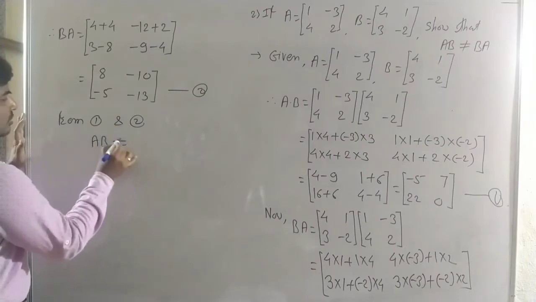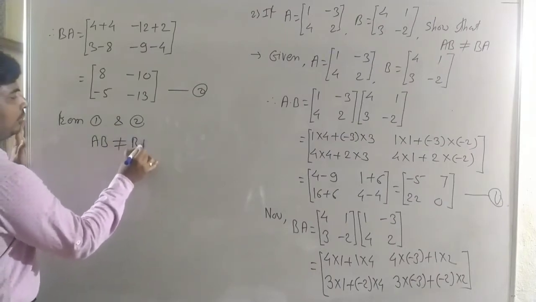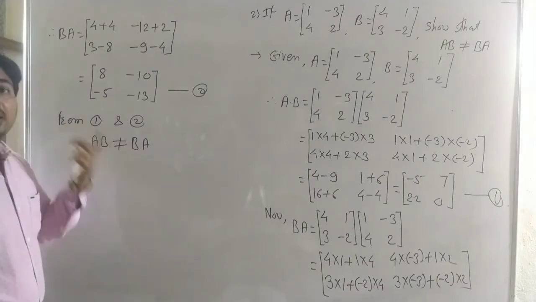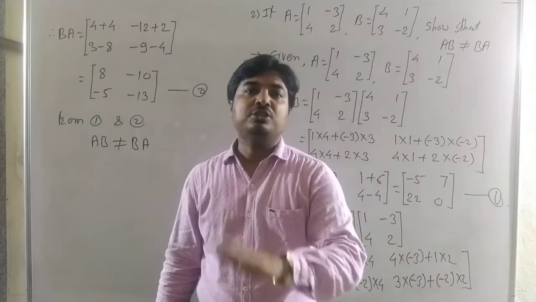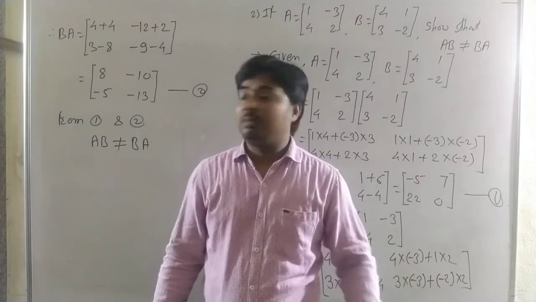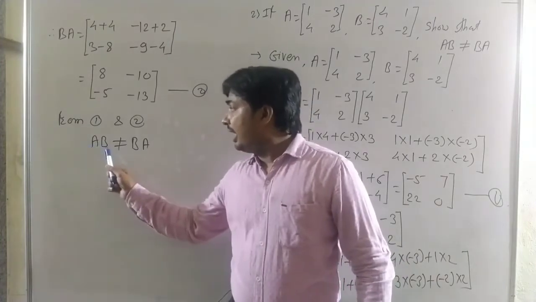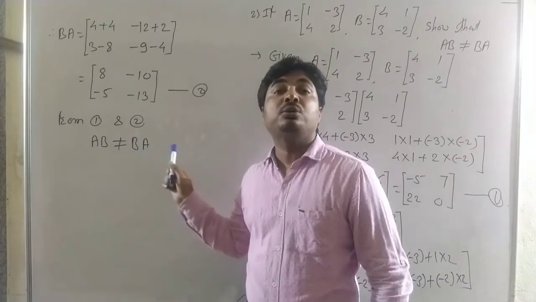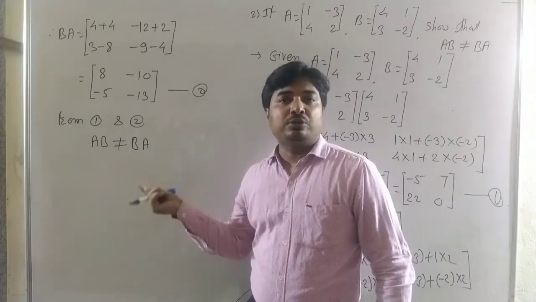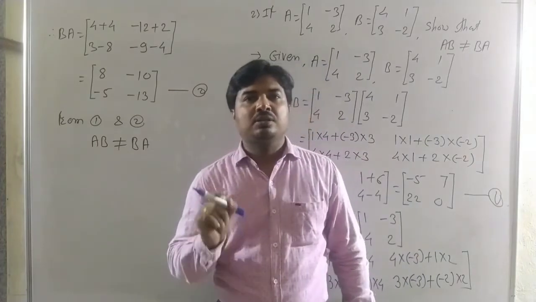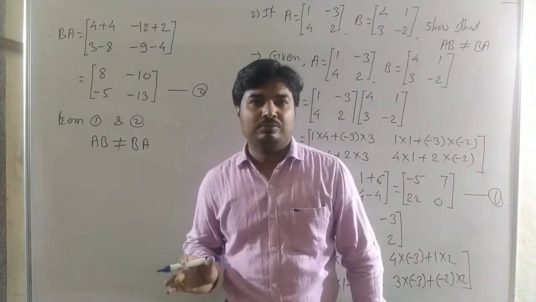A into B is not equal to B into A. In matrix multiplication, unlike number multiplication where 4 into 5 is equal to 5 into 4, A into B is not equal to B into A. That means matrix multiplication is not commutative.